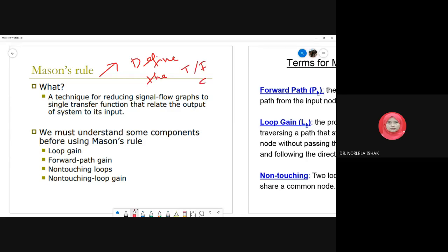Meaning transfer function is the output labeled with C and input with S. Once you convert block diagram into signal flow graph, and then how to define the transfer function, we use Mason's rule.